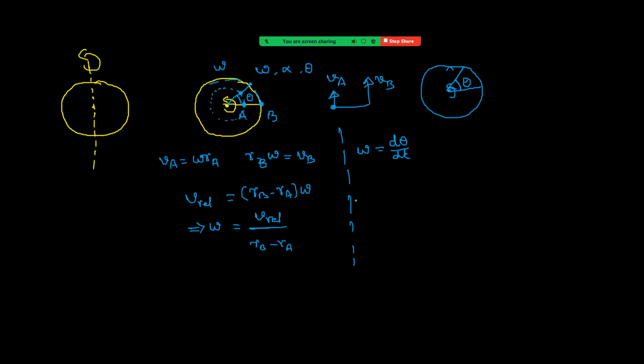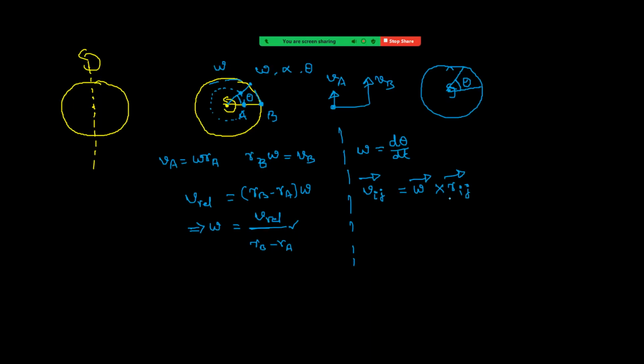There is one more definition for omega, in terms of this. The velocity of the ith particle with respect to the jth particle is equal to omega bar cross r bar of the ith particle with respect to the jth particle. So I have written the same thing in vector form.